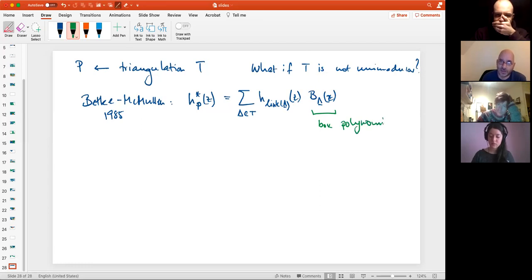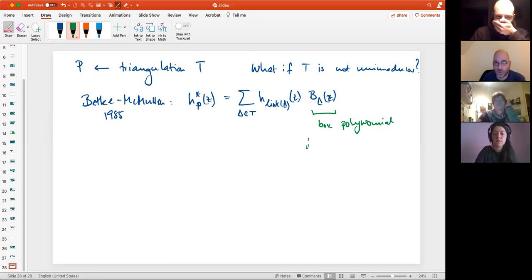This is arithmetic data, and in fact, I can define it for you. It's a similar construction to what we did yesterday. You look at the cone over delta.